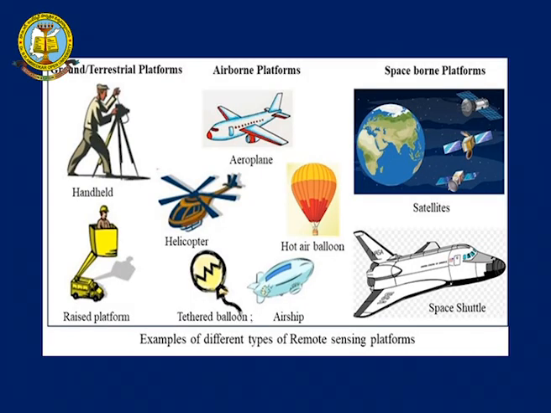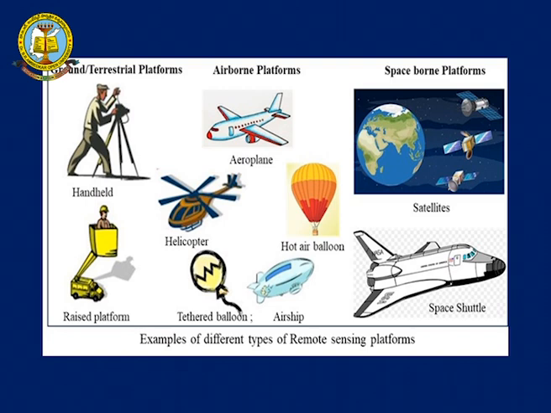Overall, we can see these are the ground or terrestrial platforms, where the camera is placed on a tripod, or there is some kind of crane that carries a human with a handheld camera that takes the picture. It mostly operates at low altitude. Then we have the airborne platforms like aircraft and sometimes helicopters.